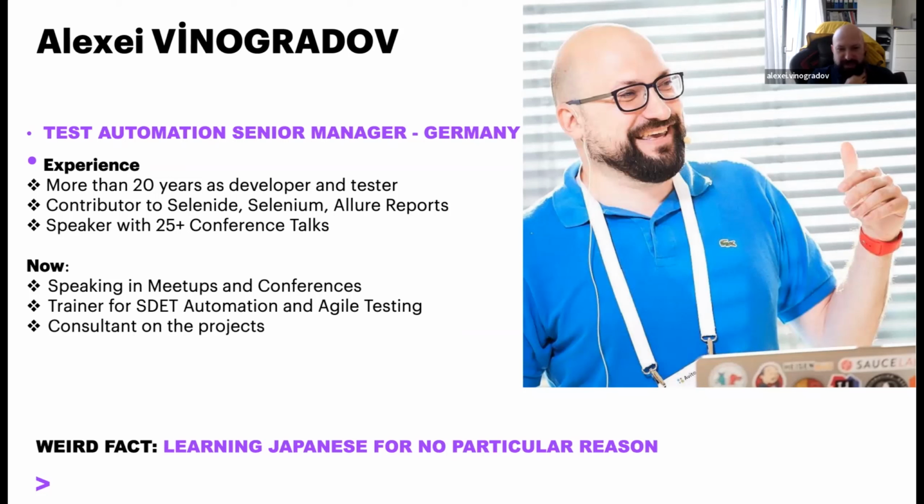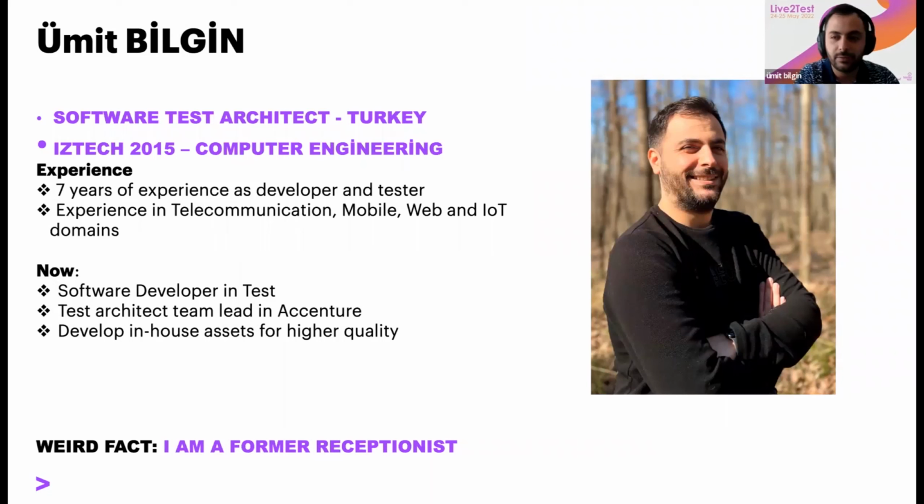Yeah, thanks, Alexei. So hi everyone, it's Umit talking. So who am I? I graduated from Izmir Institute of Technology in 2015 as a computer engineer, and I'm a former Java developer, currently a software tester who has 7 years of experience in software engineering. I had a chance to work in different industries such as telecommunication, mobile, web, IoT.